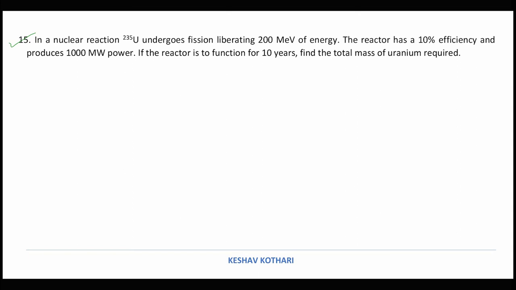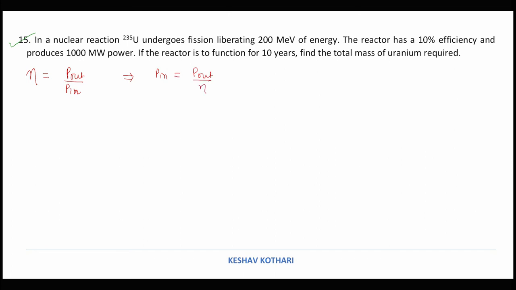So we begin with the formula for efficiency. Efficiency can be given as power output by power input. And the question is saying that the efficiency is 10%. So I can calculate the power input that is required, which is equal to power output by efficiency.